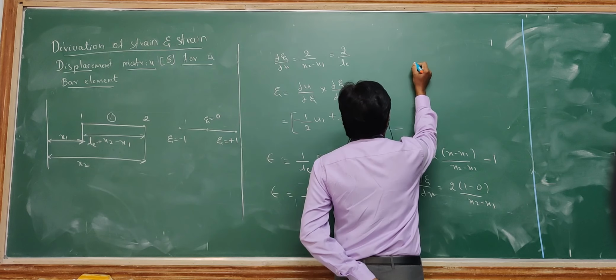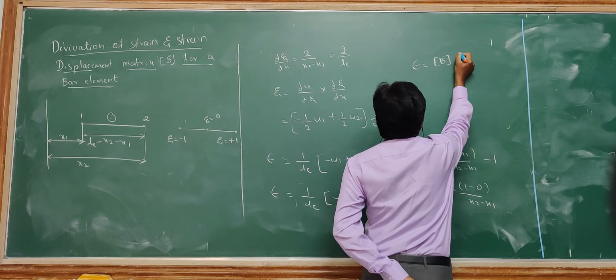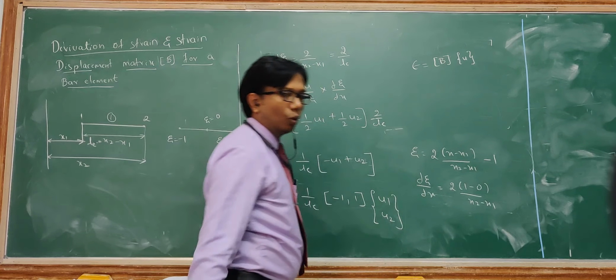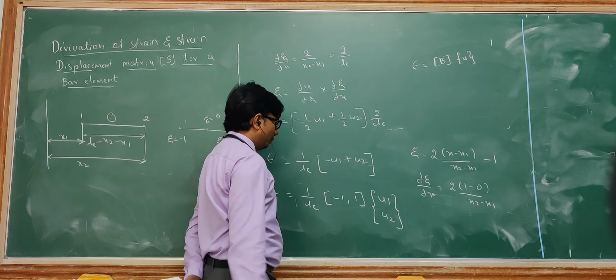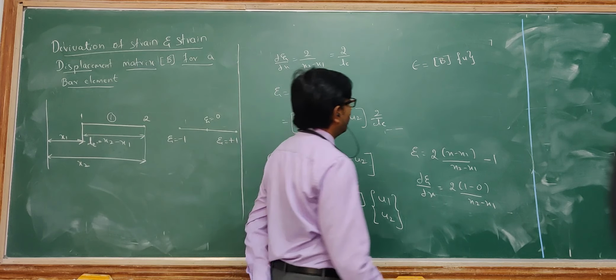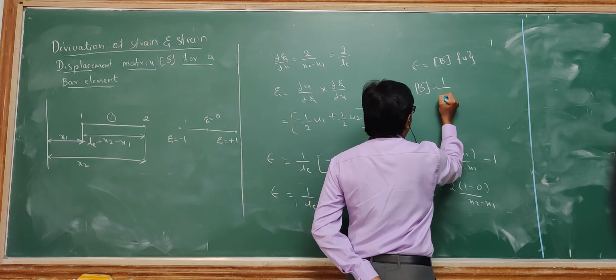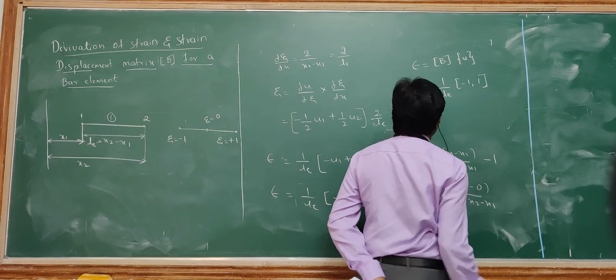So I will generally write strain as B into u. u might consist of u1, u2 and u3. B is given as 1 by le into minus 1 comma 1.